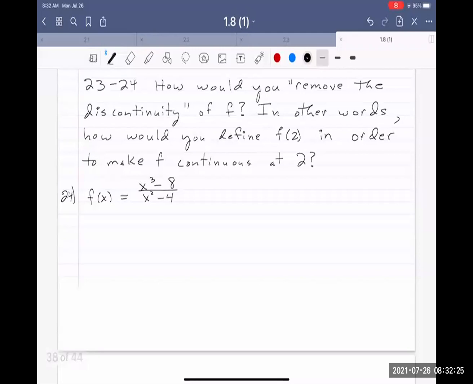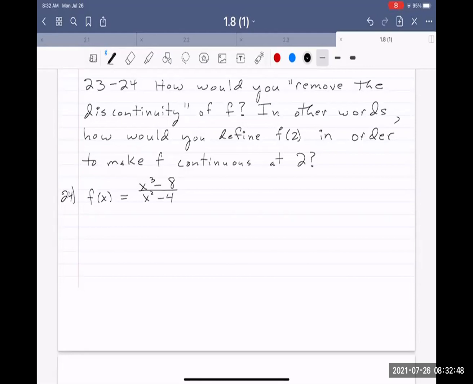Problems 23 through 24. How would you remove the discontinuity of f? In other words, how would you define f at 2 in order to make f continuous at 2? Problem 24. f of x is equal to x cubed minus 8 divided by x squared minus 2.